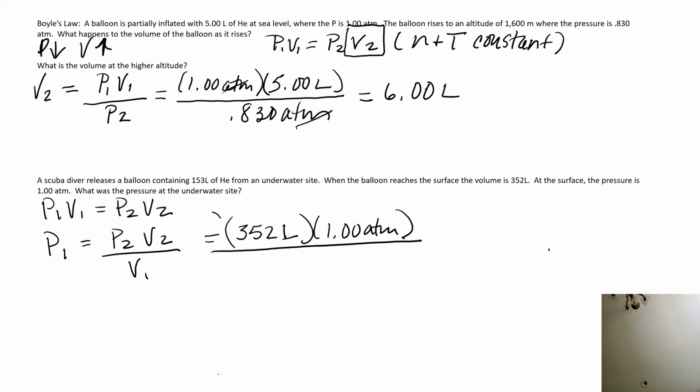P1 is what we're looking for, and V1 is 153 liters. So liters cancel, and we'll get our pressure units in atmospheres, and at the underwater location, the pressure is 2.30 atmospheres. So we did get a pressure greater than the 1 atmosphere at the surface.